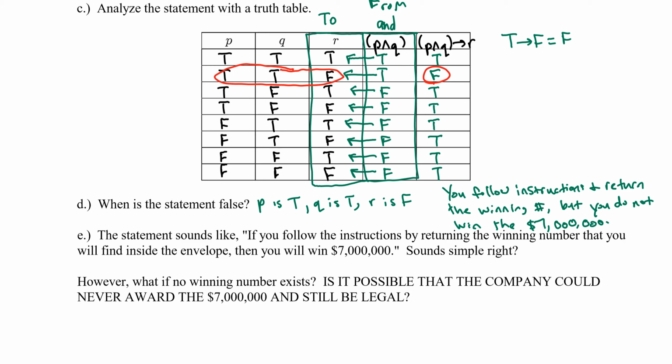Is it still possible that the company could never award the $7 million and still be legal? This is why we have regulations for lotteries and sweepstakes and games and game shows, because unless you read the fine print, if you apply the logic to understand the rules of the game, then it can be very deceptive.